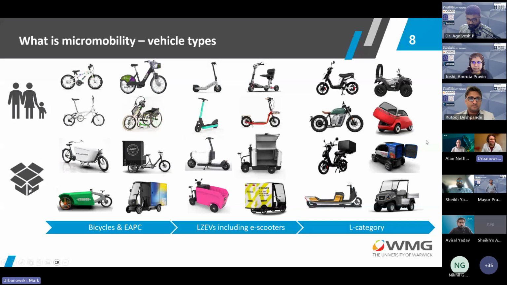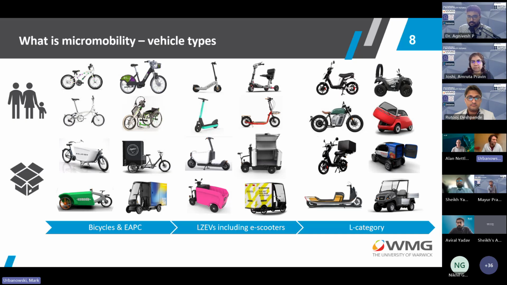Moving on to the right side, there's a similar looking set of vehicles in terms of the roles they perform in the L category, so in the motorcycle space, and they range from small, lower powered, lower speed vehicles with 2 wheels. There are 3-wheeled versions, 4-wheeled versions, for moving people, for moving goods, all the way up to small quadricycle or microcar type vehicles.